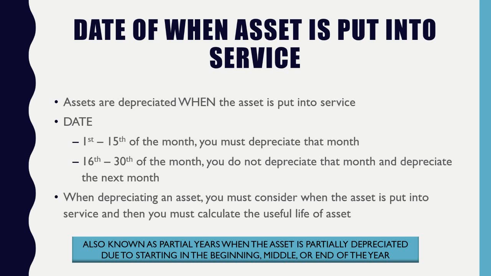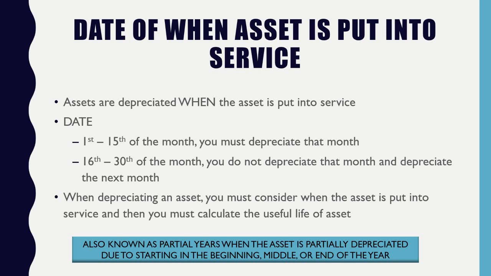So that rule is very important, and of course, the day that you place into service. So if it's June 1st, then you're going to depreciate it as of June 1st, all the way till either the end of the year or to the following June 1st. Okay. Same thing here, right? If it's June 17, then you're going to depreciate starting the following month, which is July, and you start counting its life from there.